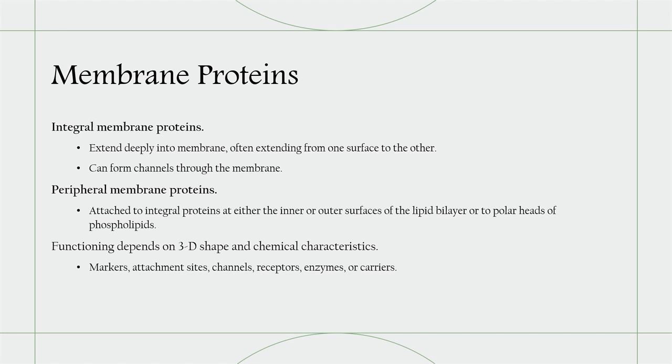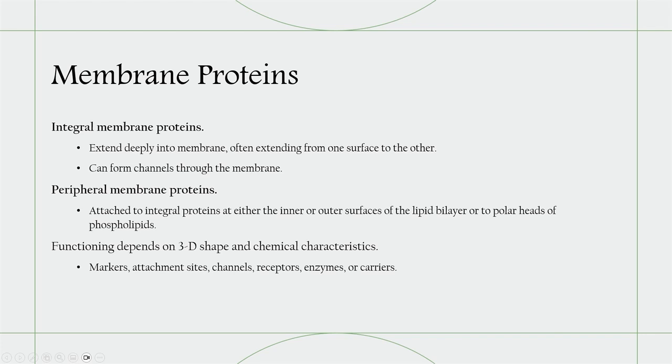This allows us to form one example of channels through the membrane. So some molecules are too big to diffuse or move freely through the plasma membrane. So you need some way to get them through. One of them is a channel, which is vitally important for muscle cells and neurons, right?